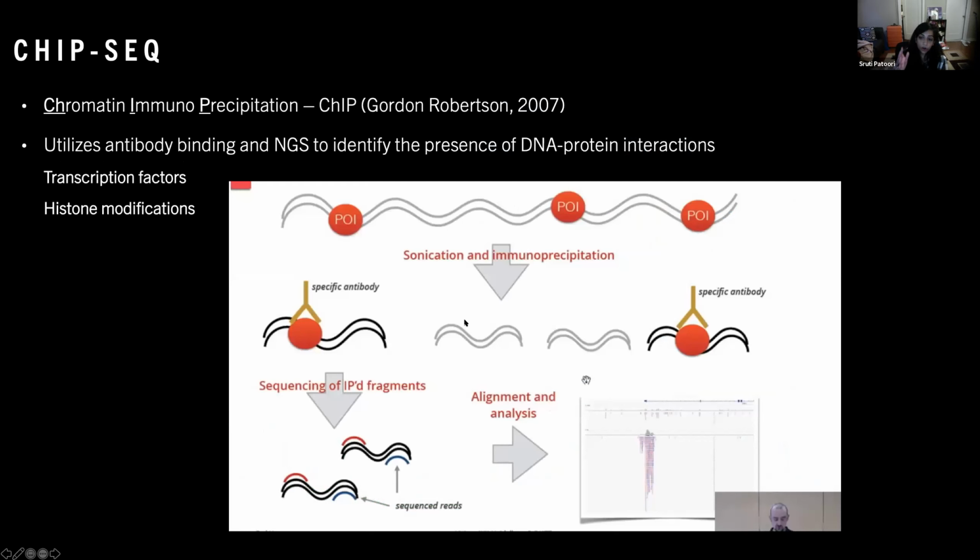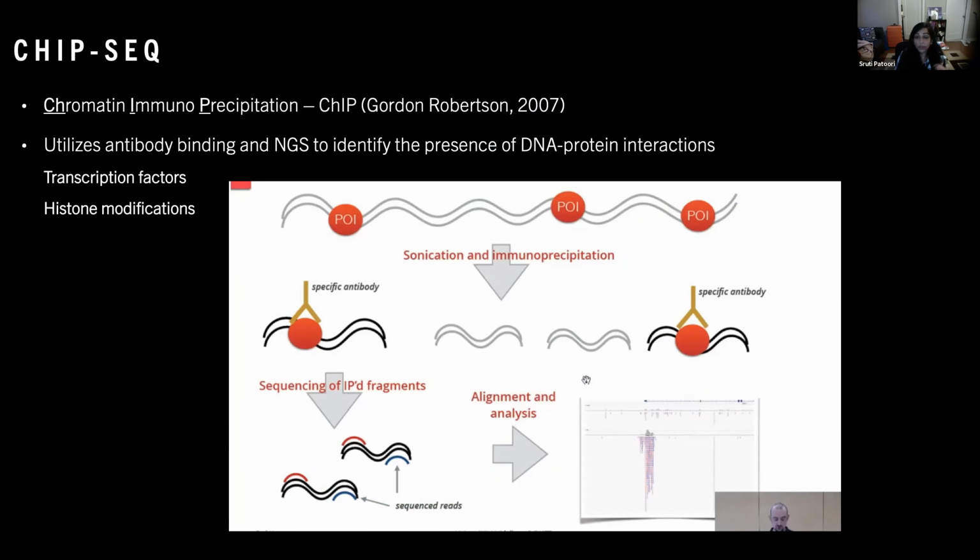To look for more direct evidence of transcriptional activity, we would turn to ChIP-seq. ChIP stands for chromatin immunoprecipitation, followed by sequencing. ChIP itself is an older technique, but ChIP-seq was developed in 2007 and also relies on next-gen sequencing.